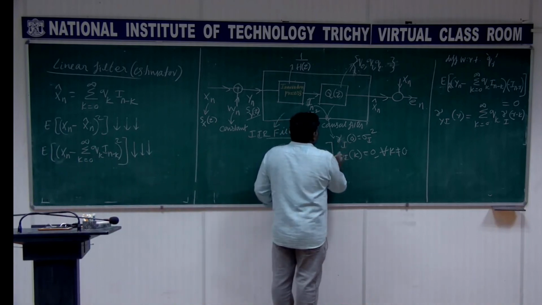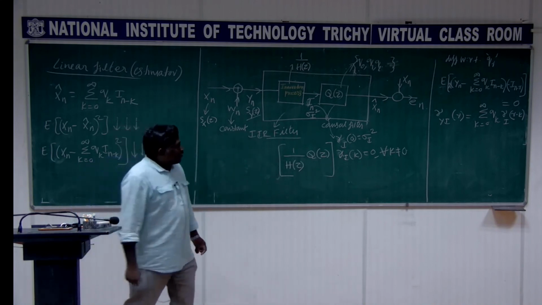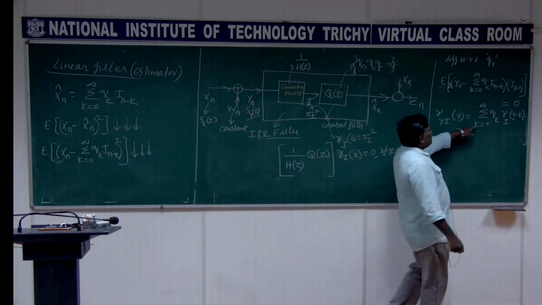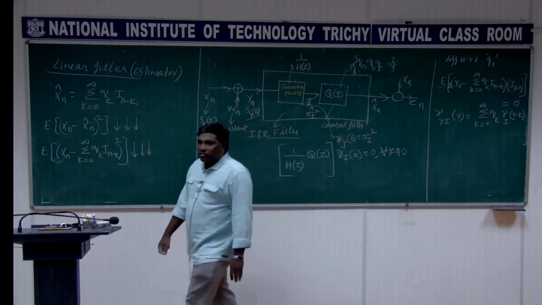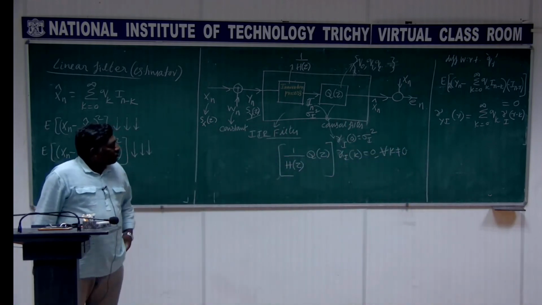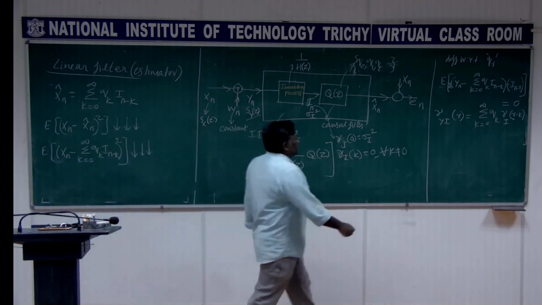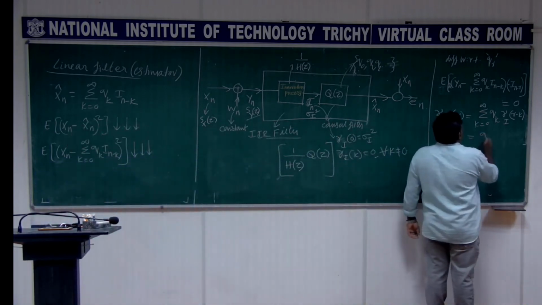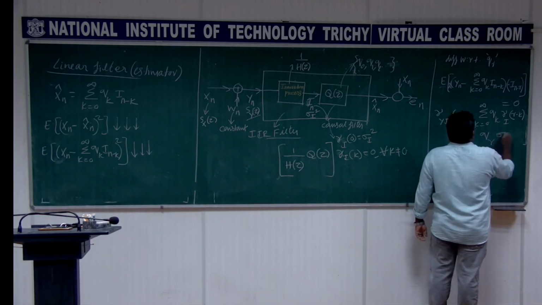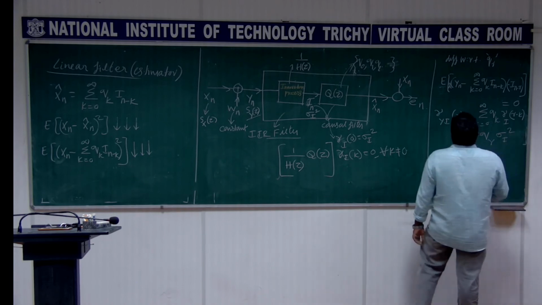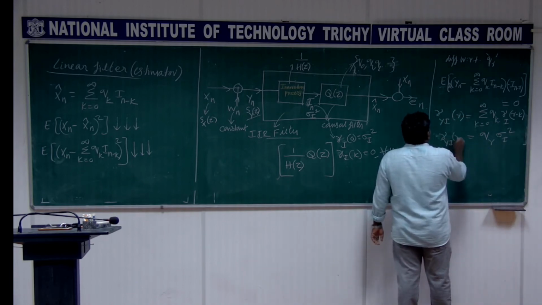So even though we have a sigma in this, the actual value is only when k equal to r. That is the important trick. This is r here, and this is going to be sigma I square, and this is gamma y I of r.